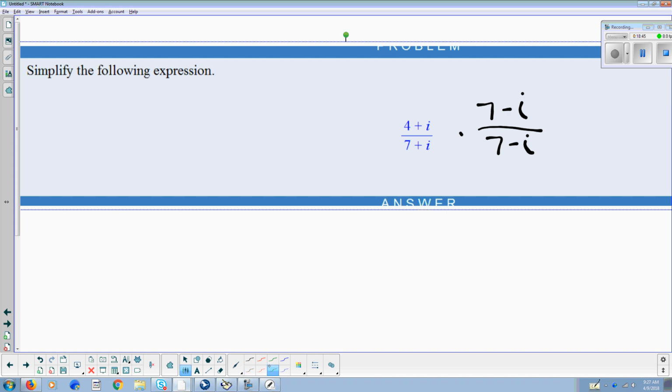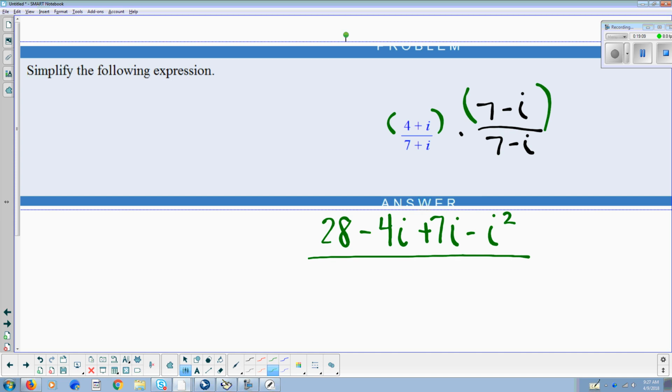So now we break this up, numerator and denominator. In the numerator, I'm going to FOIL. 4 times 7 is 28. 4 times negative i is negative 4i. i times 7 is 7i. And i times negative i is negative i squared.